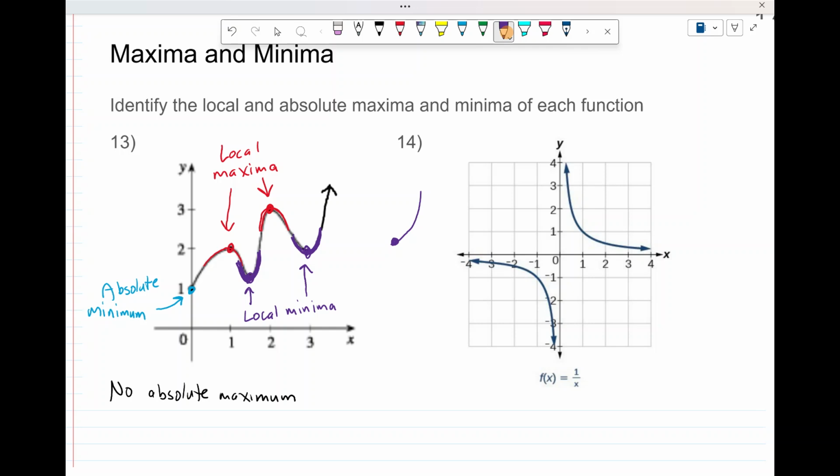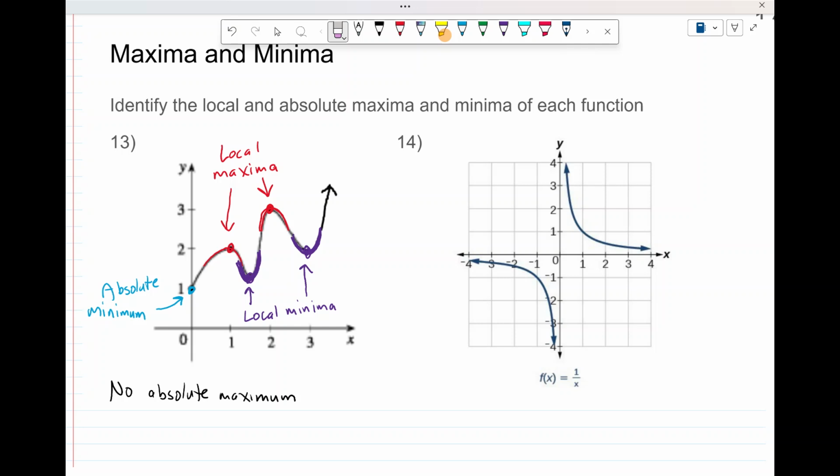Now if I had just even a little bit more, and I can actually trace a U around it, or a V, then that would be a local minima. But again, as I said earlier, for local minima, you must have points to the left and the right, and it has to be continuous. You need a continuous curve that contains your local minima with points to the left and to the right of that local minima. All right, so I think that's pretty much it.